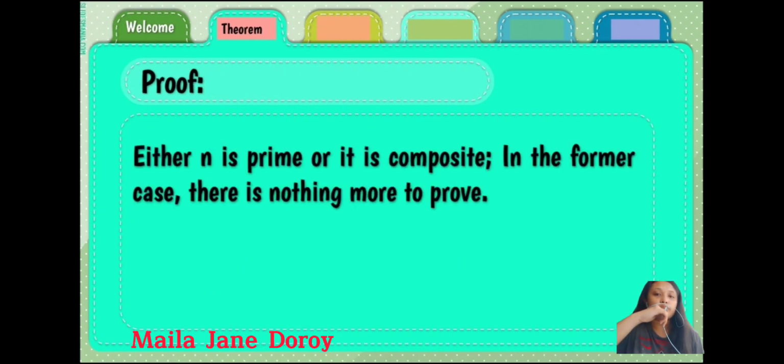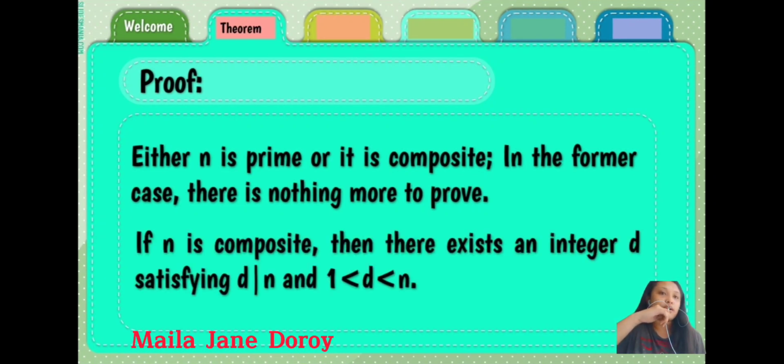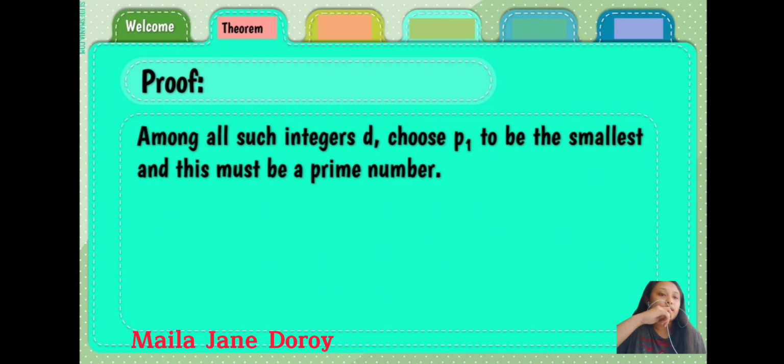For the proof, either n is a prime or it is composite. In the former case, there is nothing more to prove. If n is composite, then there exists an integer d satisfying d divides n, and d is greater than 1 but less than n. Among all such integers d, choose p sub 1 to be the smallest, and this must be a prime number.